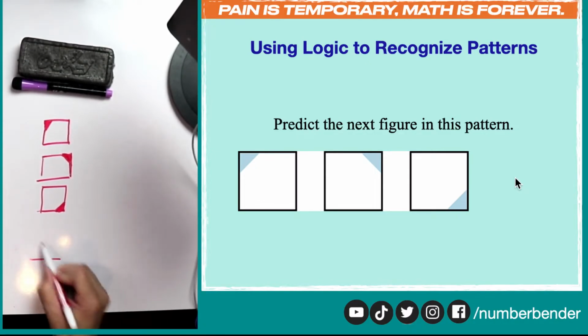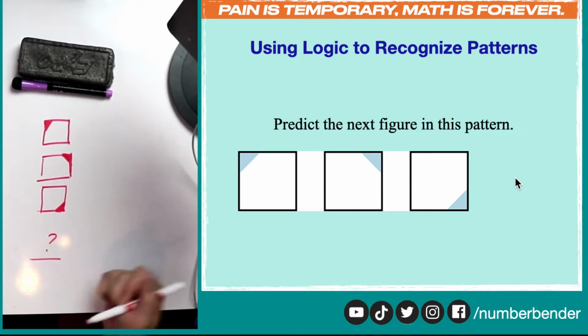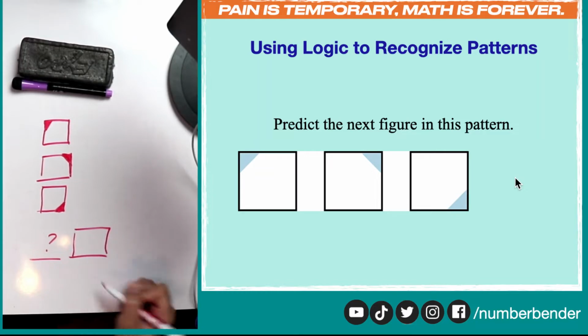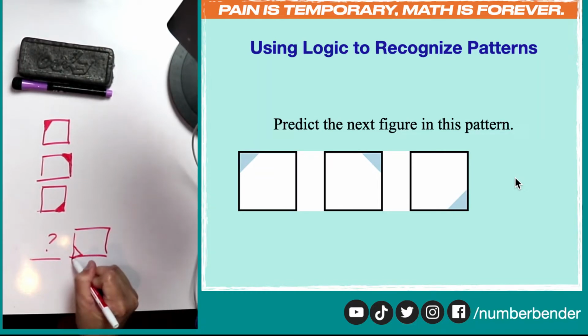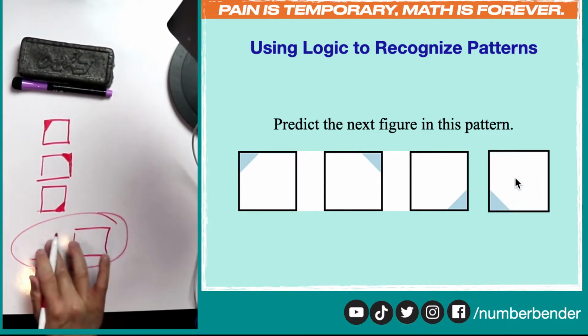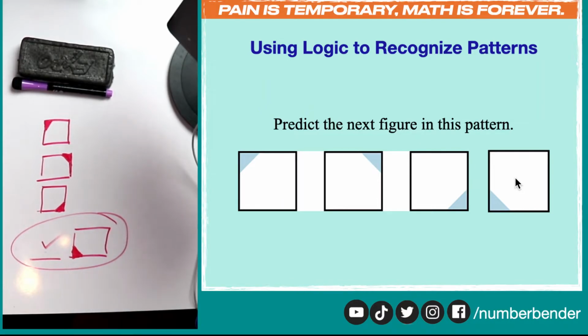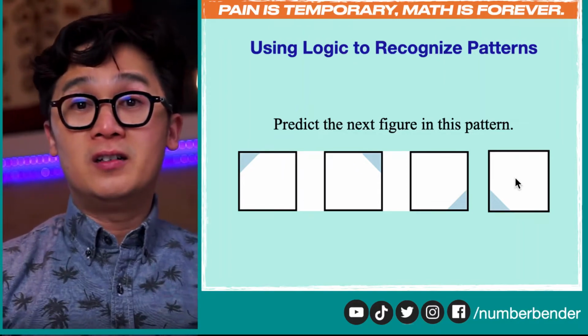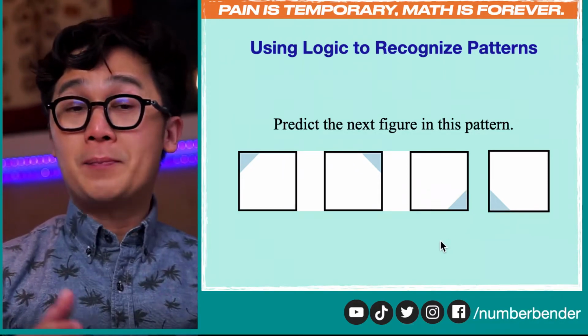So what do you think would be the next figure based on the sequence that we have? Using logical reasoning, most likely the corner of this quadrilateral will have this little triangle. And this is indeed the figure that we are seeing, and using logical thinking, we're able to recognize patterns.